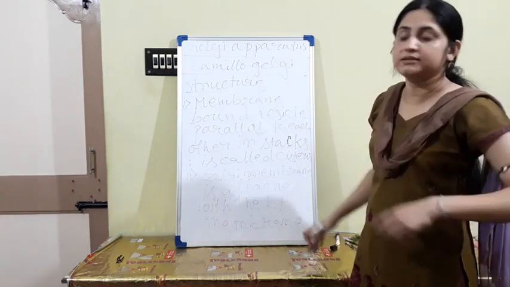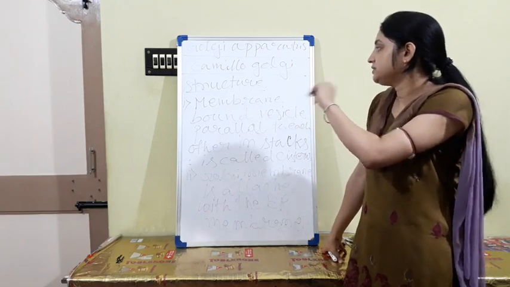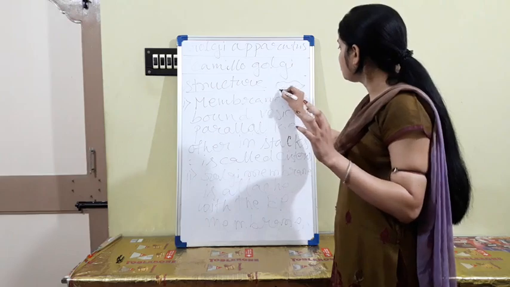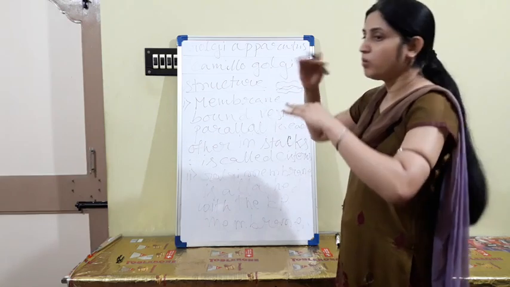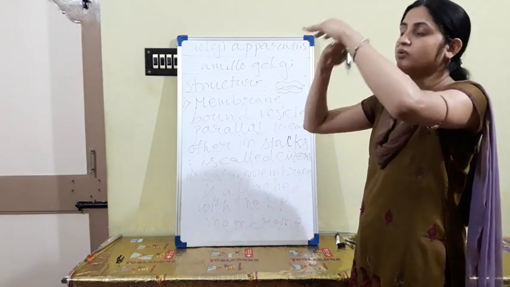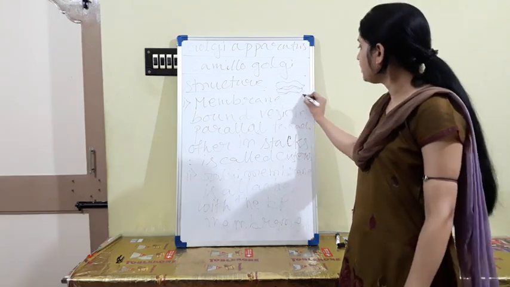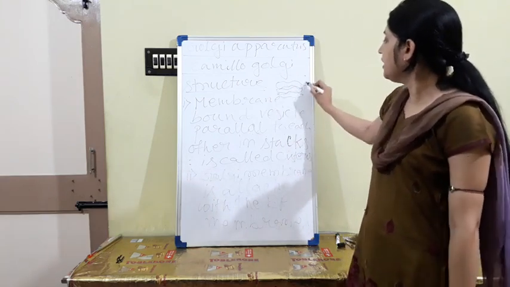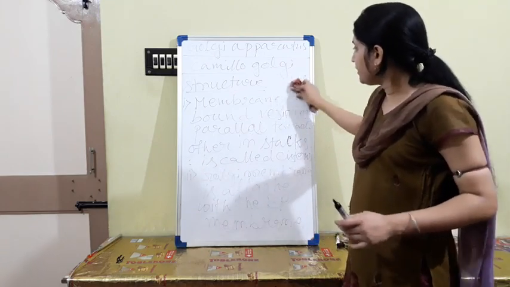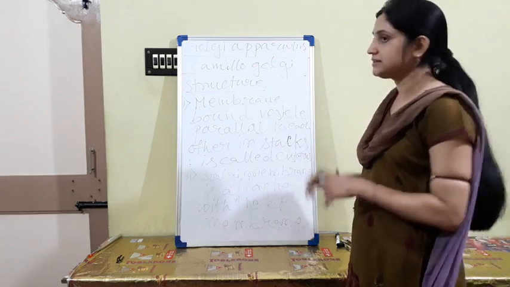So for that reason it is called Golgi bodies. And this is the structure: membrane bound. Golgi bodies look like sac-like structures, one over another, stack-like, and it is called cisterns.